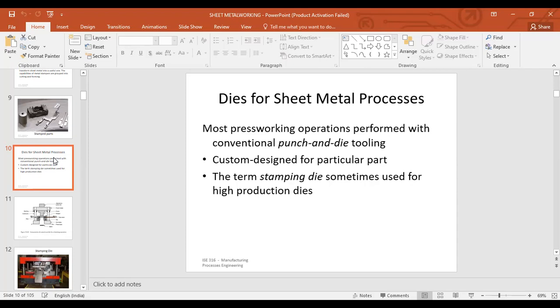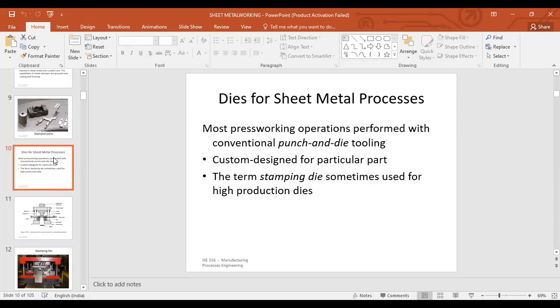But what is done is you make it flexible, in the sense that you make some temporary joints so that you can move some part of the die and punch so that it is suitable for stamping or pressing some other component, with some slight variation. So that's the difference.